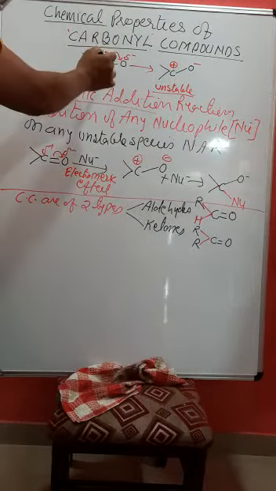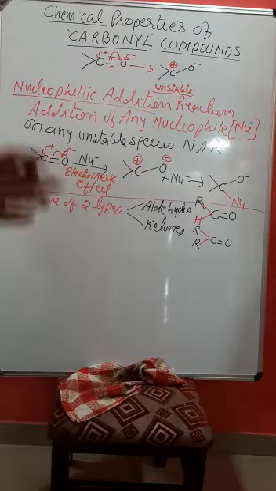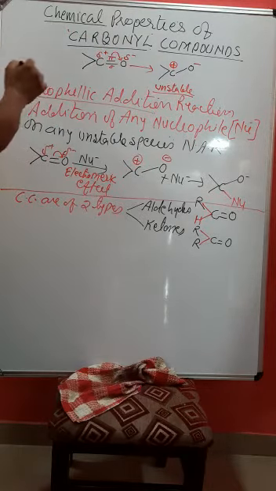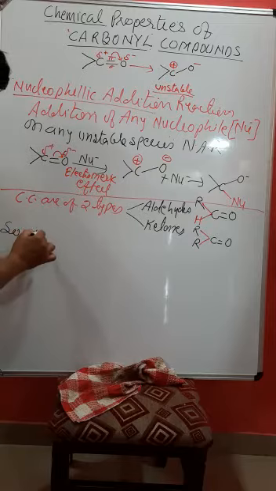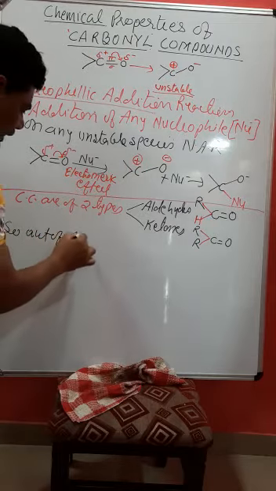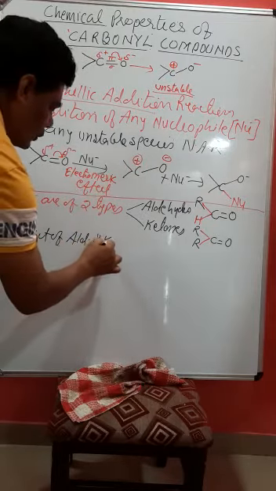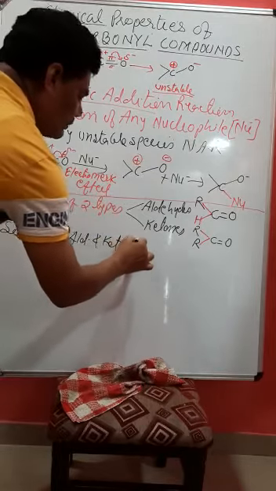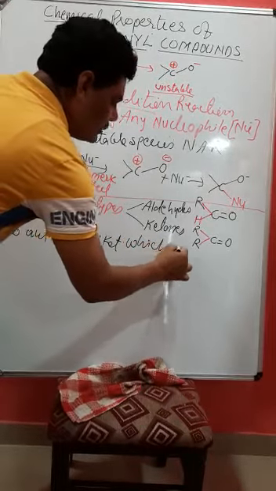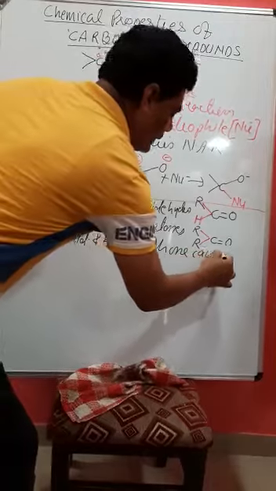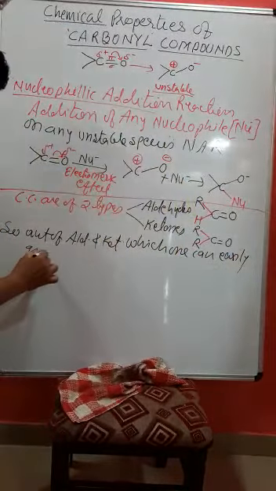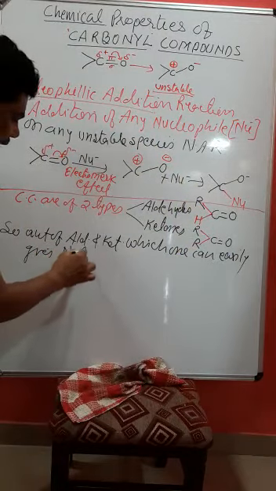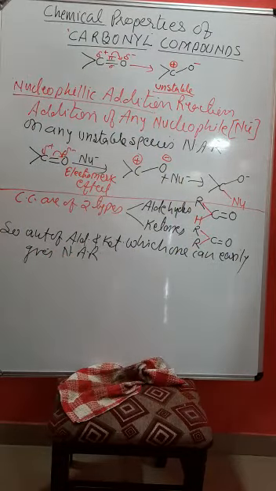Now, as we have seen, the carbonyl compound can easily give nucleophilic addition reactions. So out of aldehydes and ketones, which one can more easily give nucleophilic addition reaction?